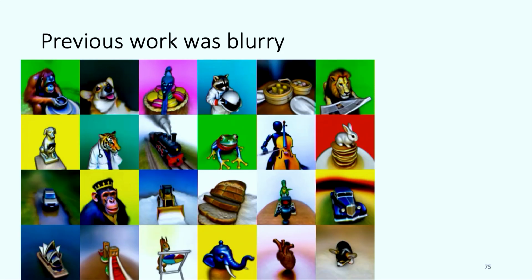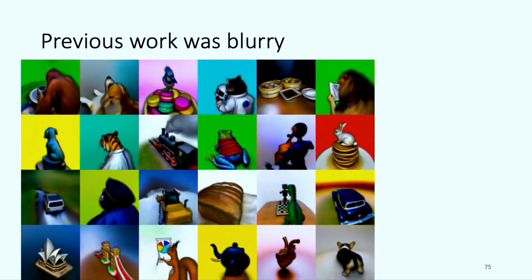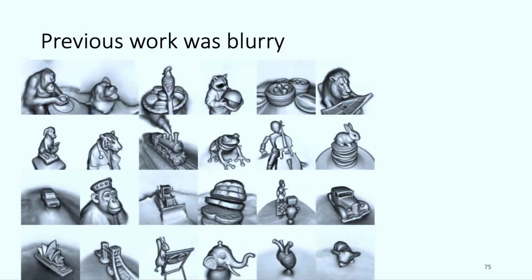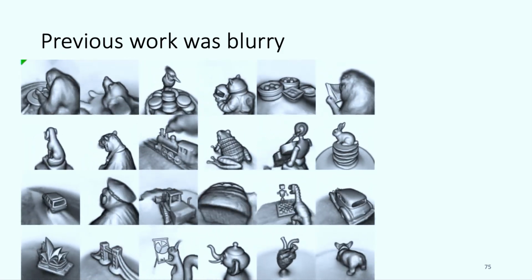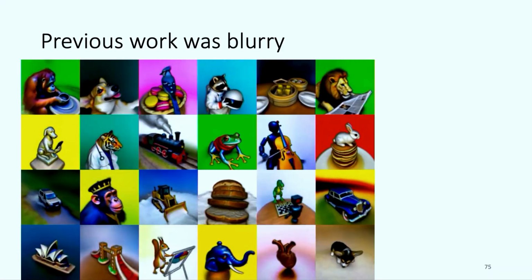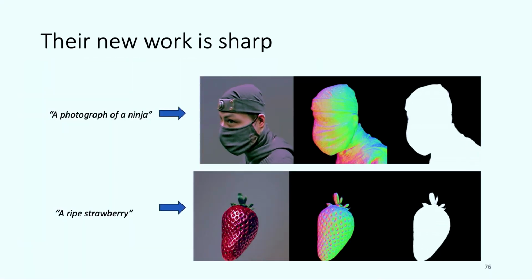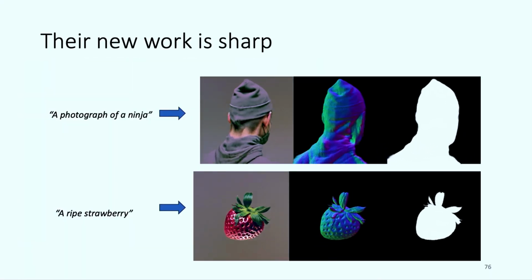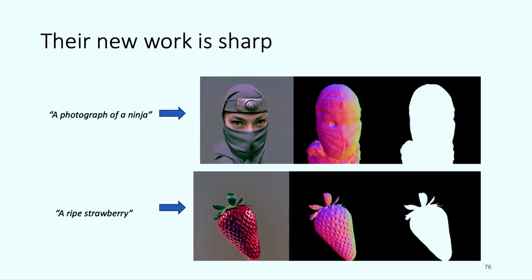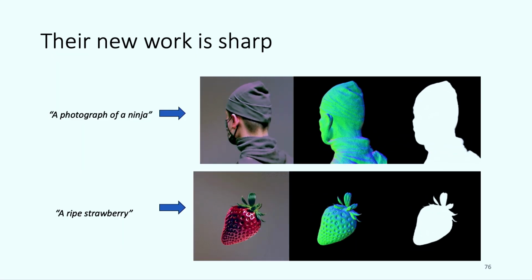The big problem that they had was that they were generating a lot of blurry images related to the problem I just described. And essentially, I'll just show you a teaser for what they did, but they have found a solution to generate very sharp and highly detailed images.